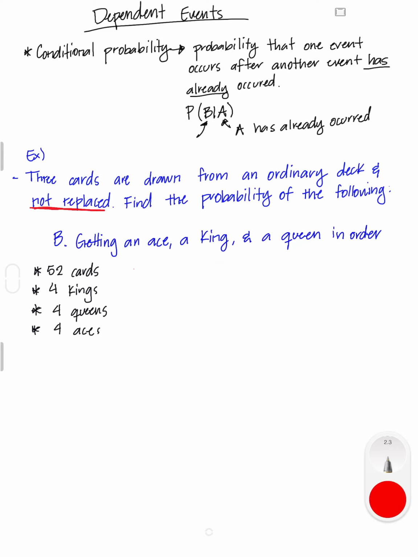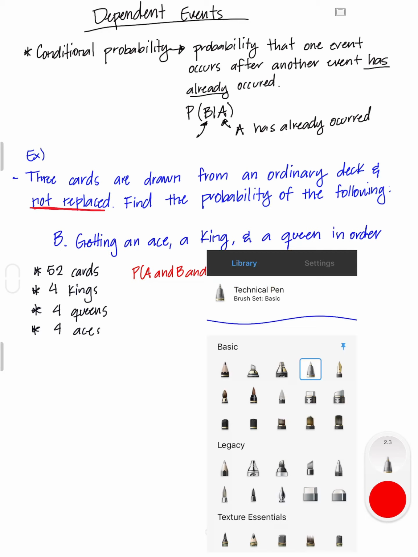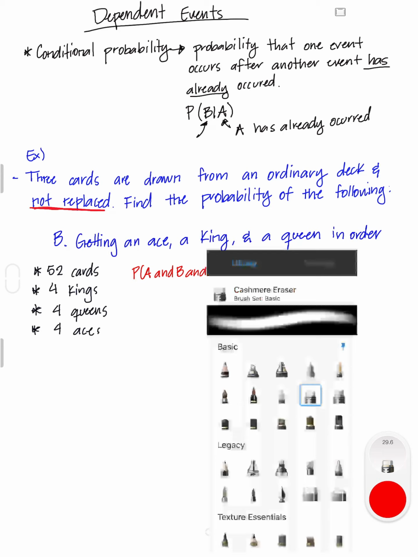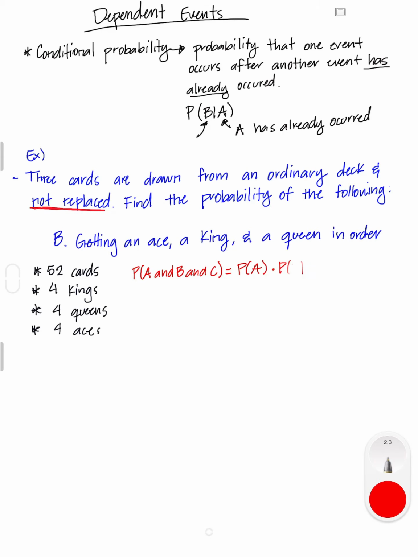So we're gonna be using that formula, which is P of A and B and C equals probability of A times probability of B when A has already happened, and the probability of C when B and A already happened.